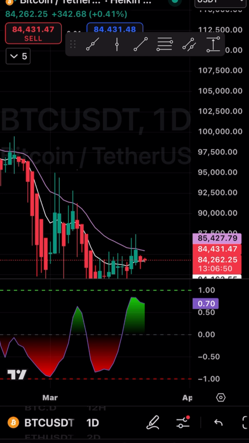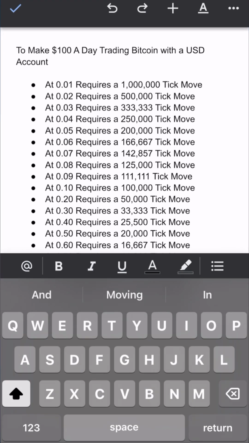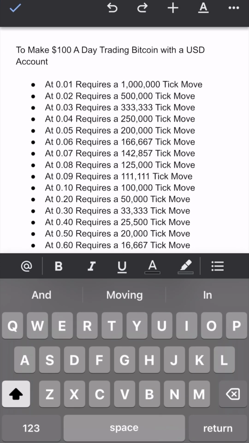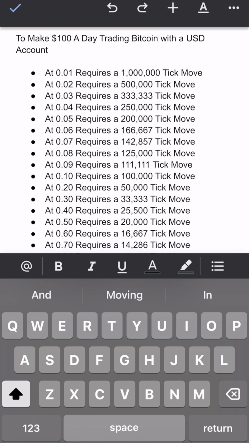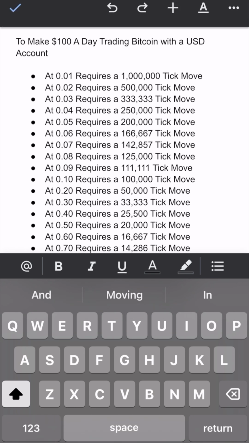That's how you make $100 doing it at 0.01. Now that's kind of hard, because you have to ask yourself, does Bitcoin do $10,000 moves every day?